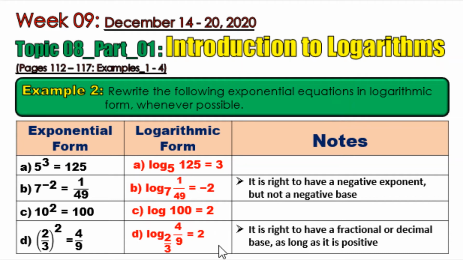Again, I would like to emphasize that it is right to have a fractional or decimal base. Our base is a fraction, so it is right to have a fractional or decimal base as long as it is positive. The base must always be positive.